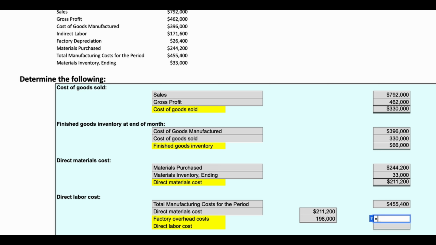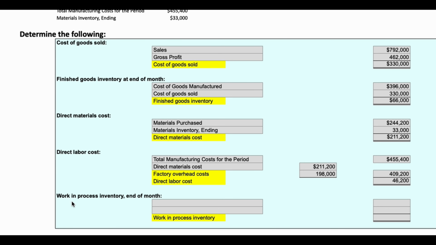I'm just going to come over here and total those two, coming up with $409,200. The difference between the total manufacturing cost, which was everything I put into my production line, the $455, and the $409,000 of direct materials and factory overhead, represents my direct labor costs of $46,200.